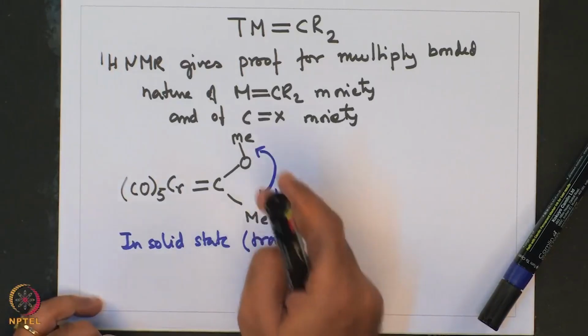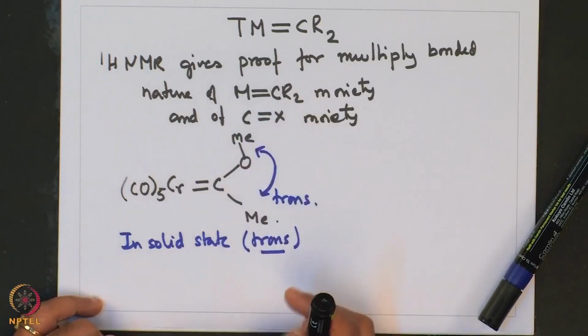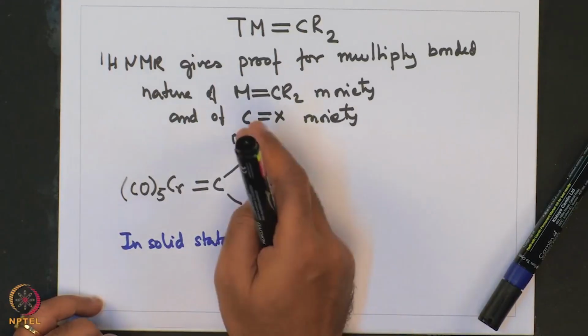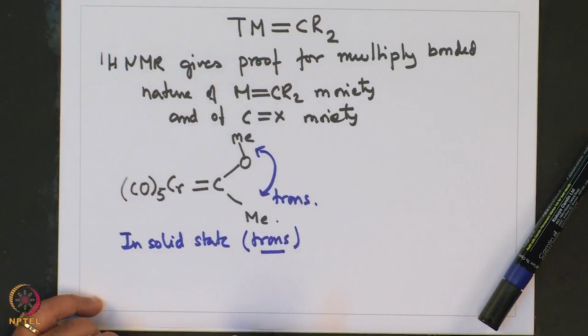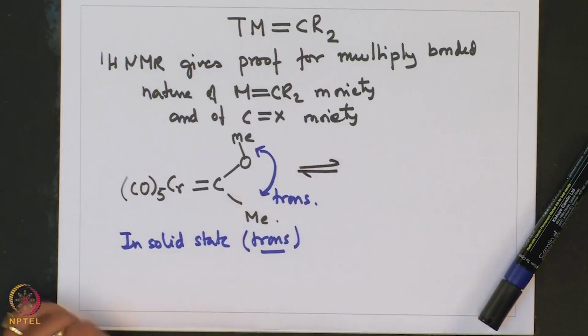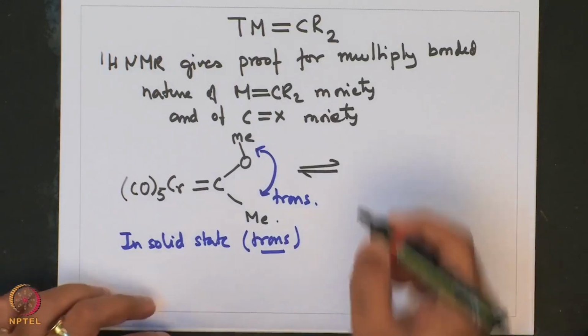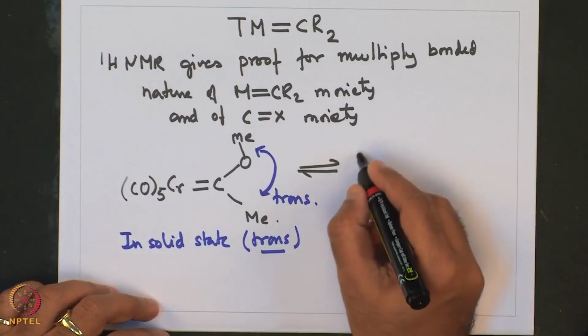One is methyl, another is OMe, and for OMe there is only a single resonance in the trans form, whereas in solution this compound exists in both the cis and the trans form, and that equilibrium can be given as this.